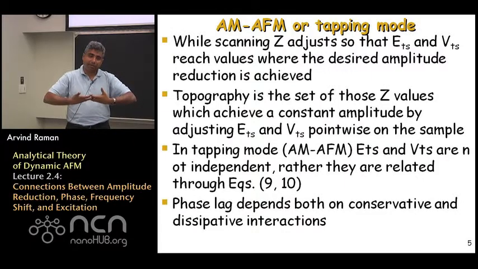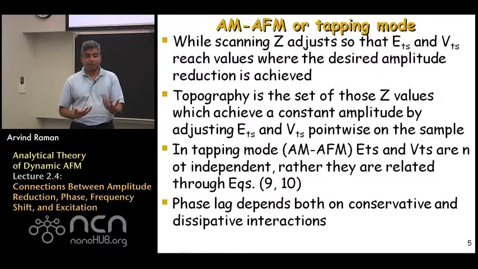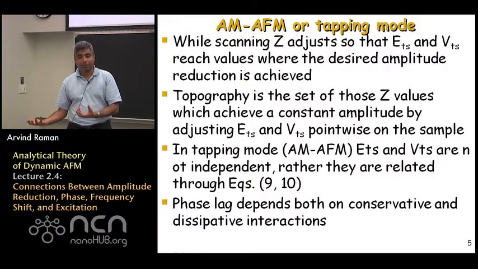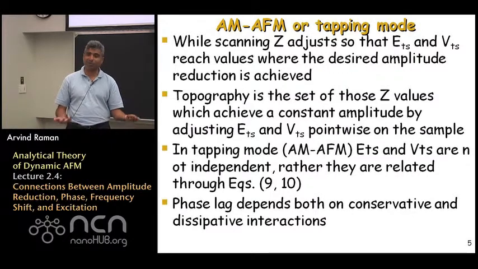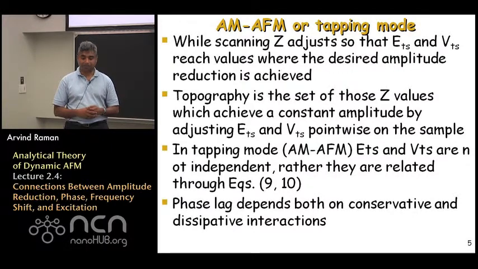They are related through the amplitude reduction equation and the phase relation, which means if I'm doing tapping mode AFM and I know the amplitude reduction, if you tell me what ETS is, I can tell you what VTS must be through equations 9 and 10.